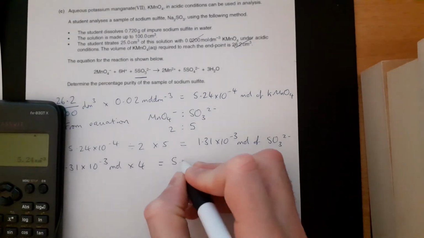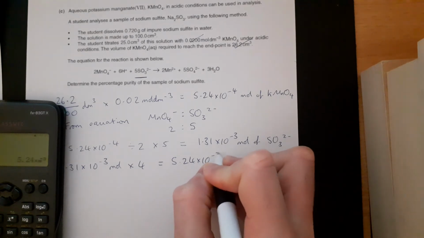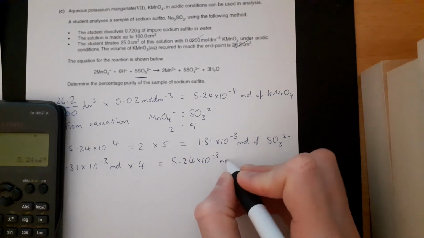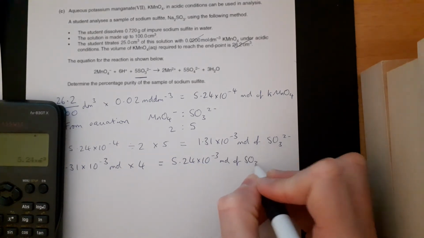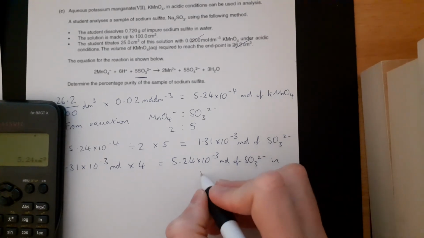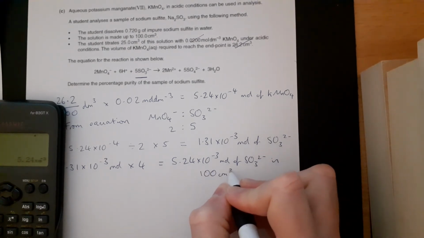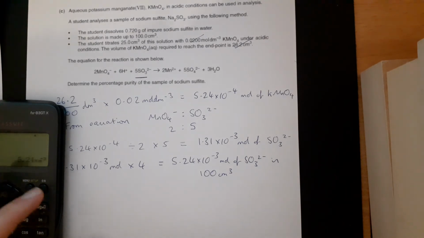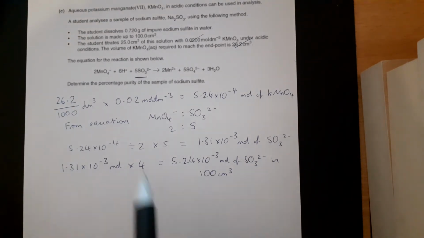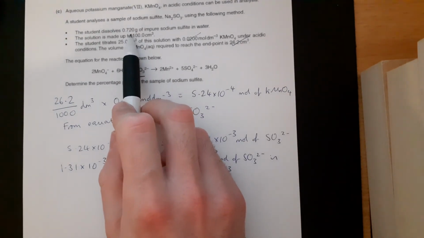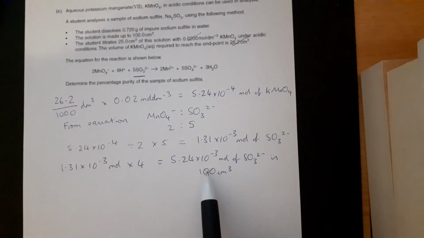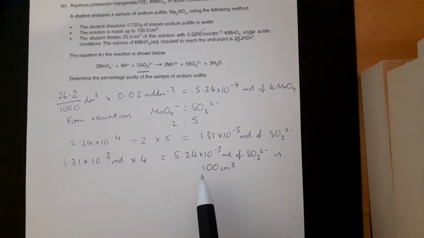So it's 5.24 times 10 to the minus 3 moles of sulfite in the original 100 centimeters cubed. That matters because that's the solution that the 0.72 grams was dissolved in. Okay, so we need to know the number of moles in that solution. And then, so that's done our volume.